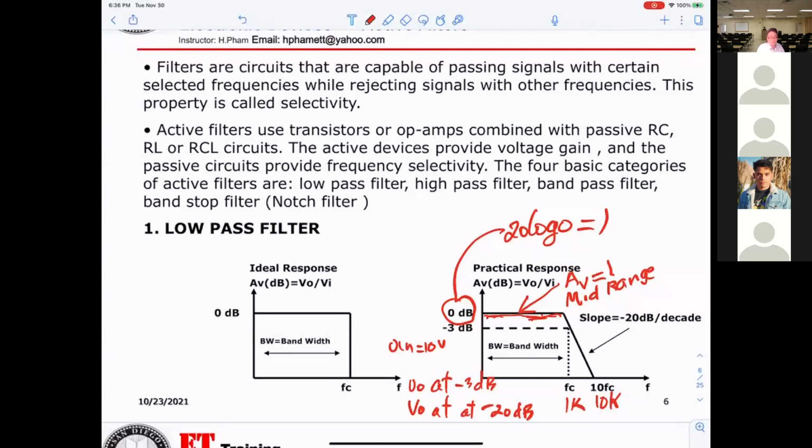What does V out equal? Gee, no one can answer that.